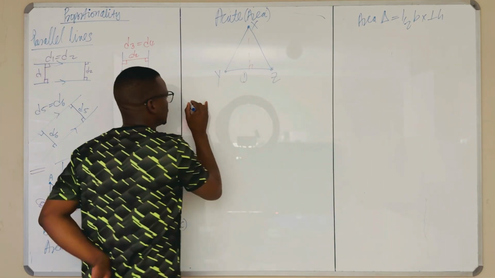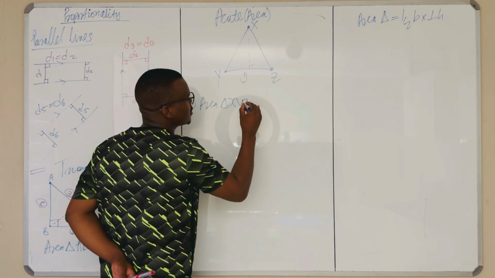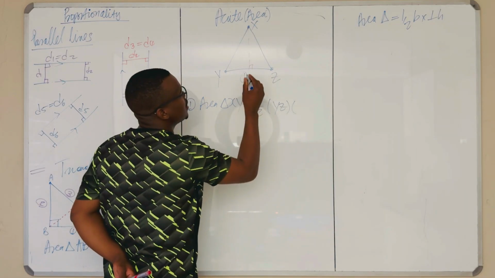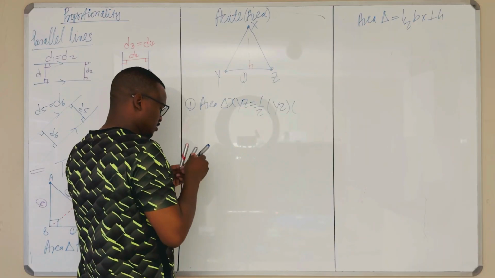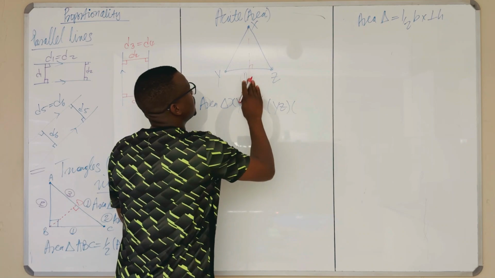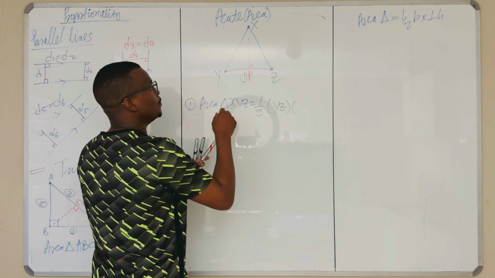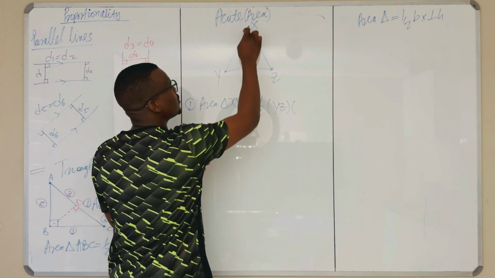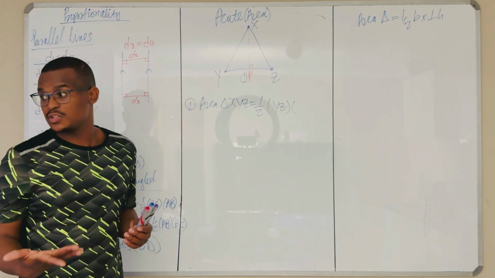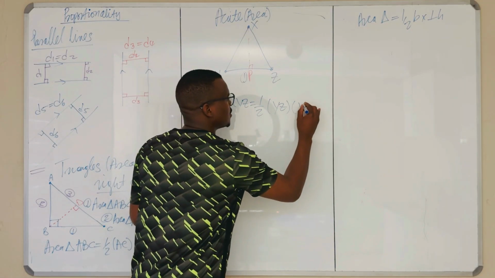So area of triangle x, y, z is equal to half base, which is yz, times the perpendicular height. Let's say this is P. So half base times the perpendicular height or altitude, because perpendicular height is the altitude, right? Yz times xp. Are you happy with that?